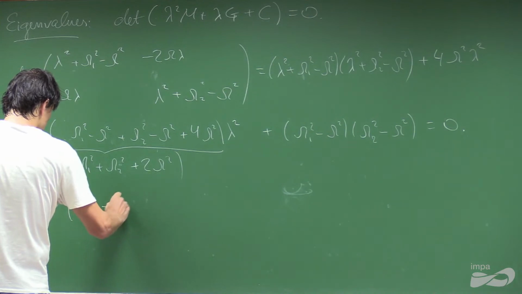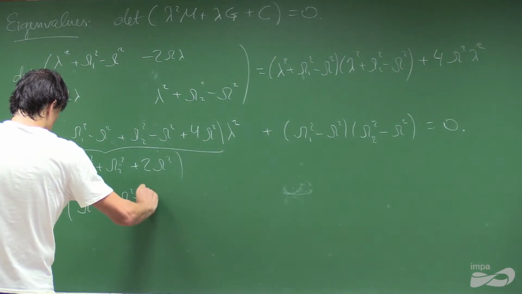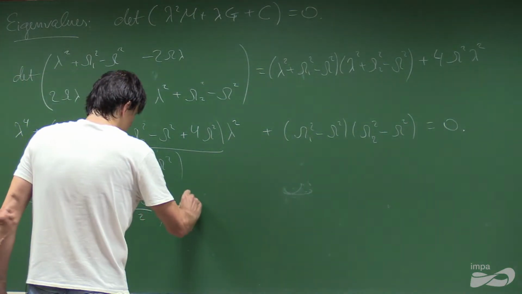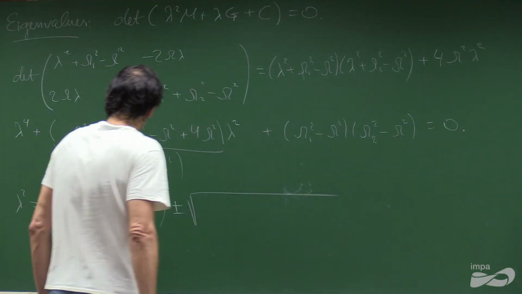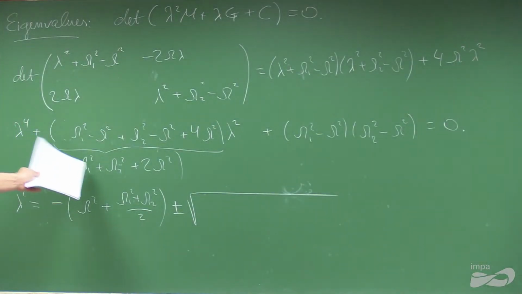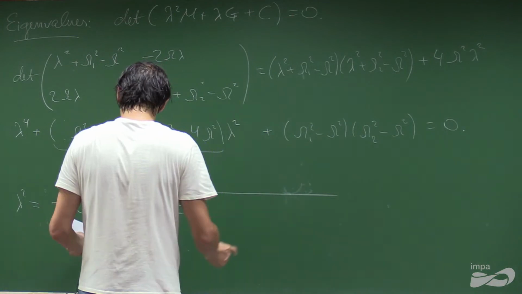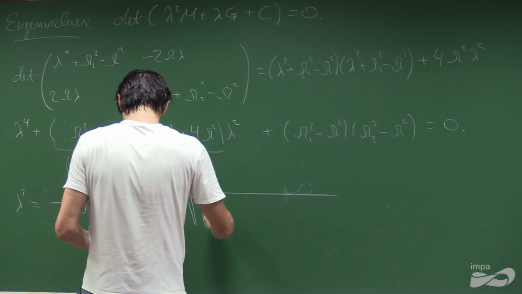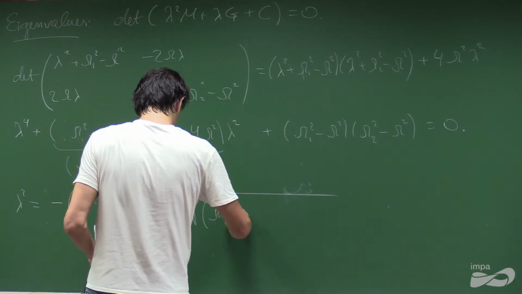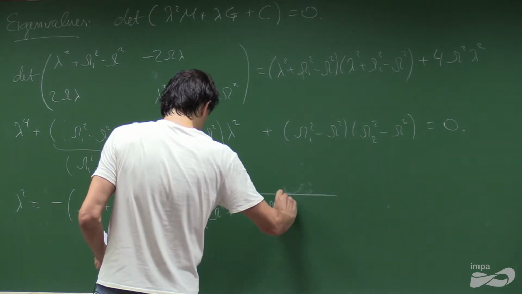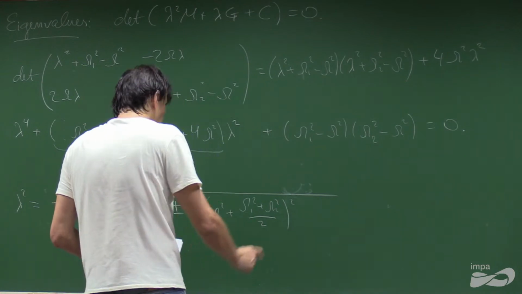So plus omega 1 squared plus omega 2 squared over 2, plus minus the square root of the square of this term divided by 2, minus this, right? So the square of this left term minus this.